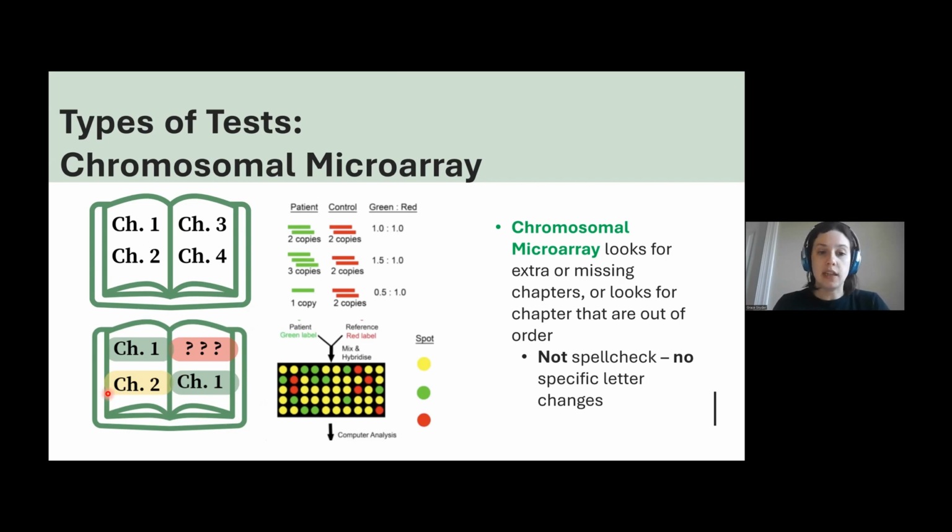So that's going to show up as yellow on this chromosomal microarray test. And then lastly, up here, chapter 3, or you could think of it as chapter 4 also, those are both missing. So either of those are going to show up as red on this test because it's missing. So that is another type of test that is not like spell check, but more looking at the big picture. Is there anything that is extra or missing in our DNA?